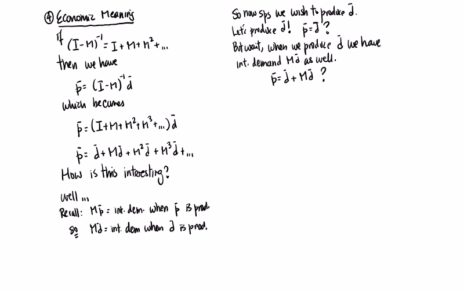But then there's a problem, because the internal demand MD means we have to produce that MD. And to produce that MD, what does that take? Here we have more internal demand, MD.